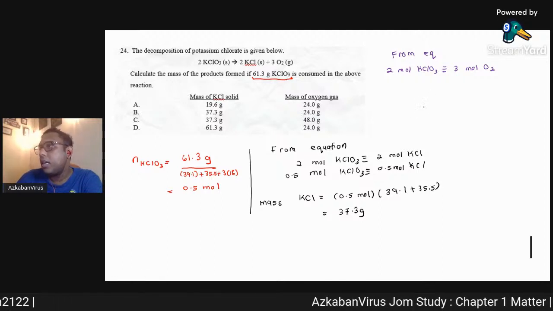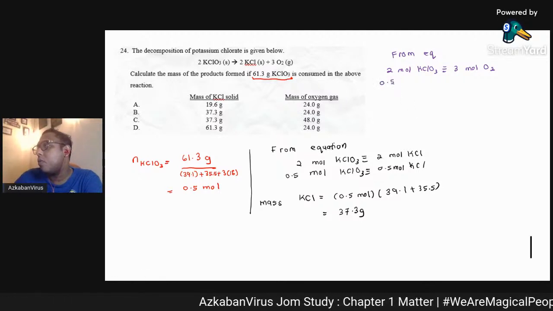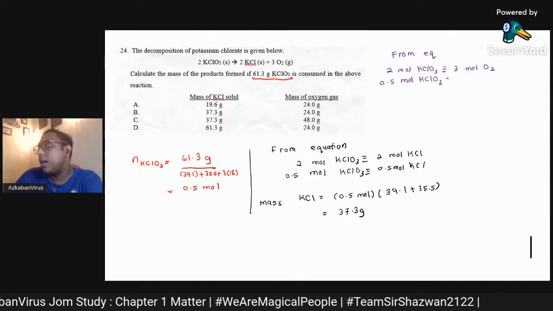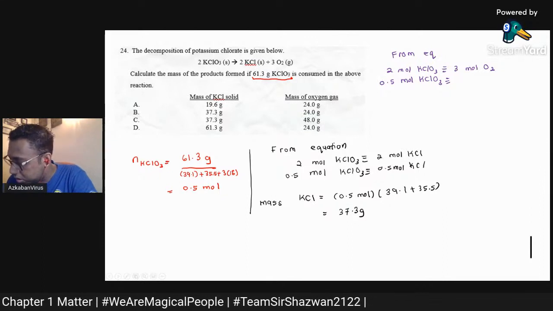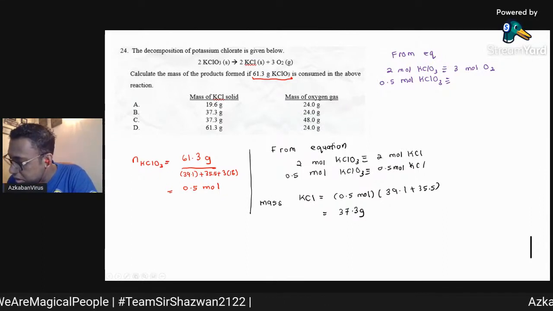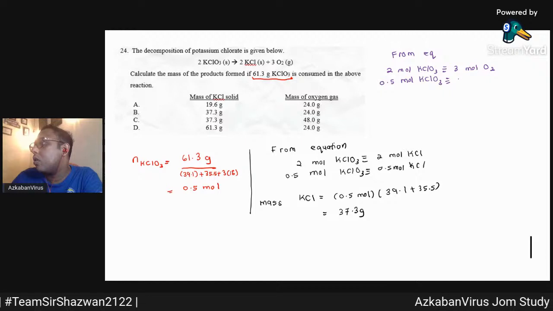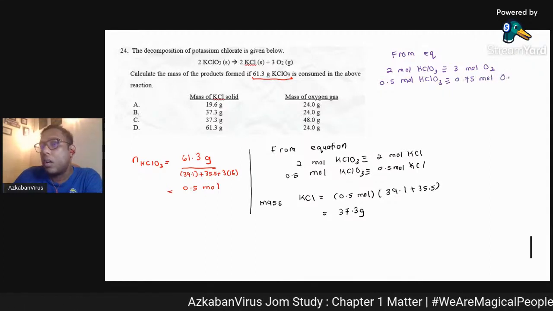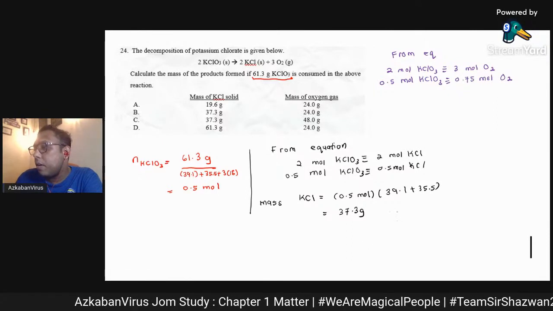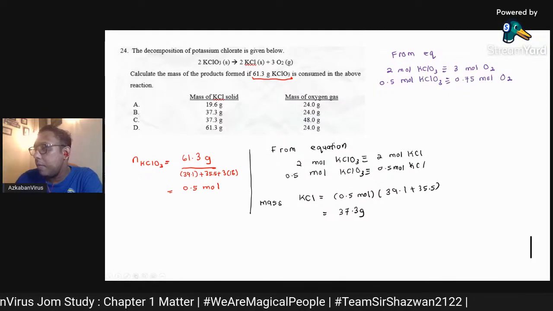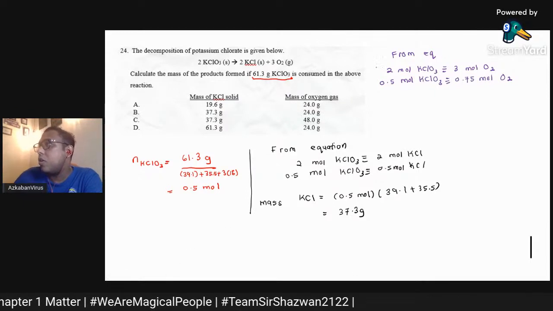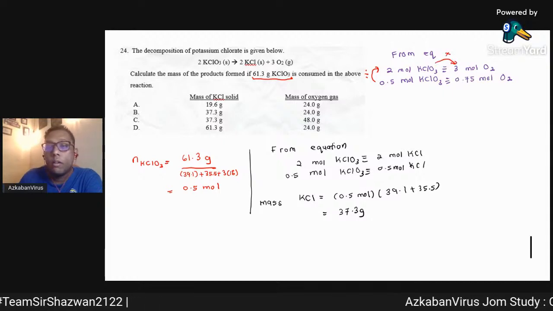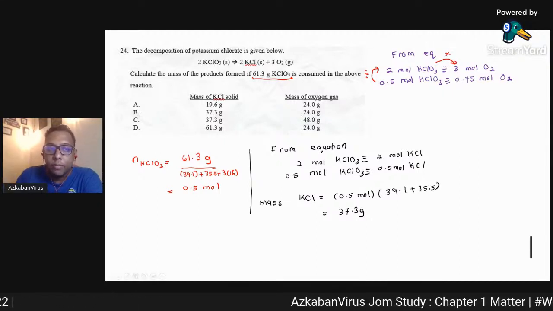So kalau you ada 0.5 mole of KClO3, dia akan menghasilkan 0.75 mole of O2. Okay, macam mana saya dapat 0.75? Senang saja. Dia ambil 0.5 bahagi dengan 2 darab dengan 3. Bawah bagi atas darab sebelah.